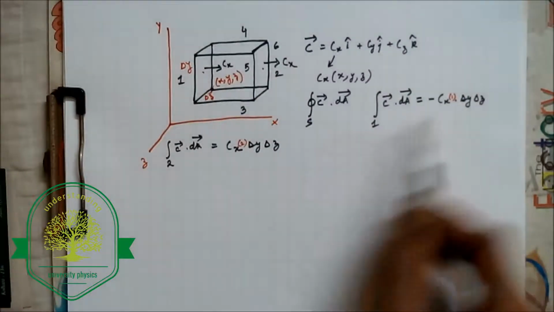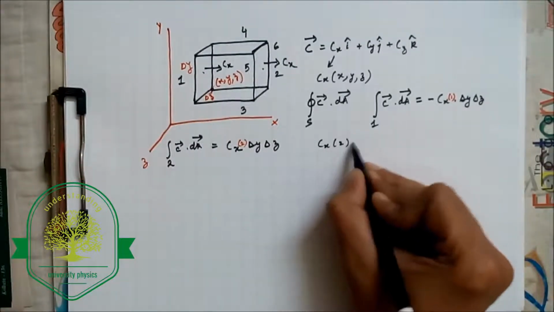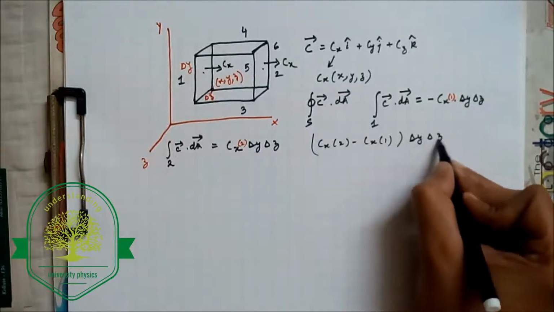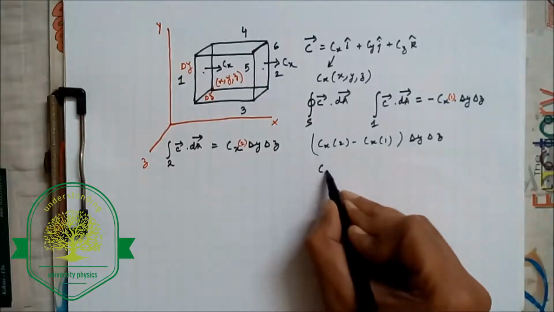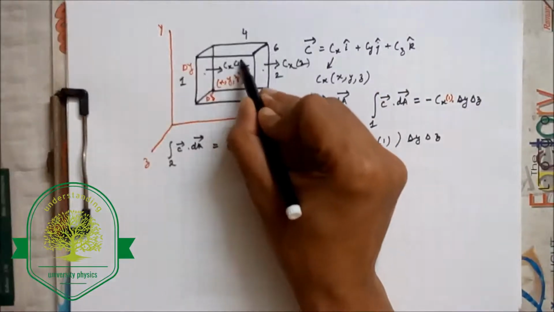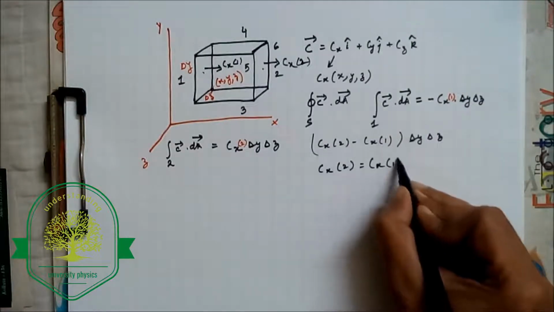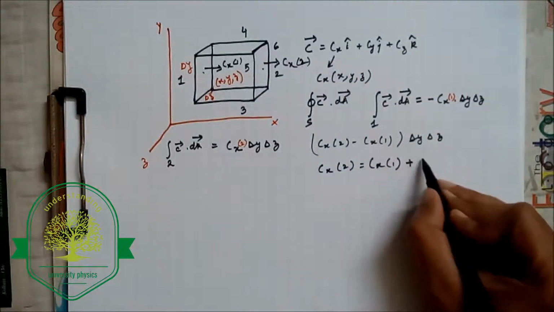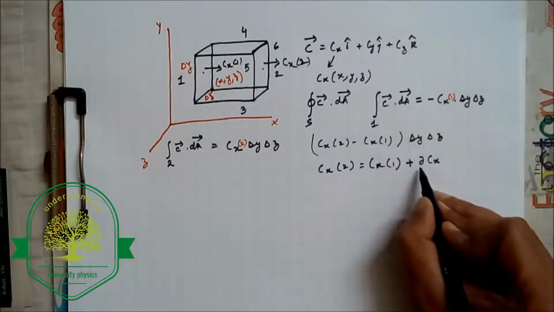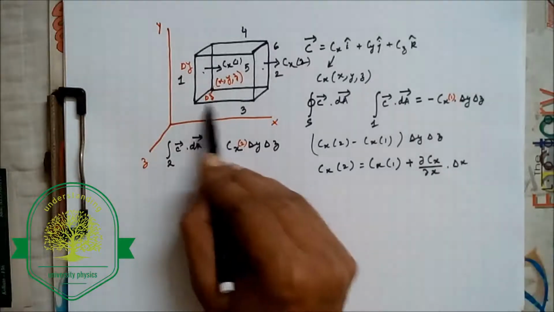So if we add up these two terms, we get Cx2 minus Cx1 all times delta y delta z, but we can say that Cx2 to the first approximation is equal to Cx1, but to the second approximation it is the rate of change of Cx with respect to x times delta x, this length being delta x.